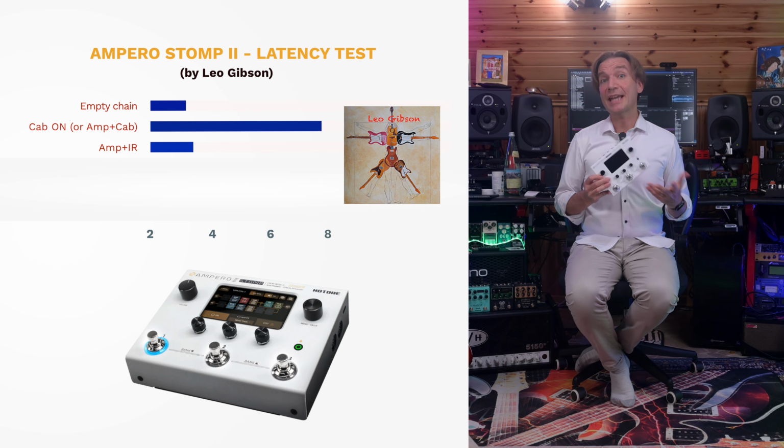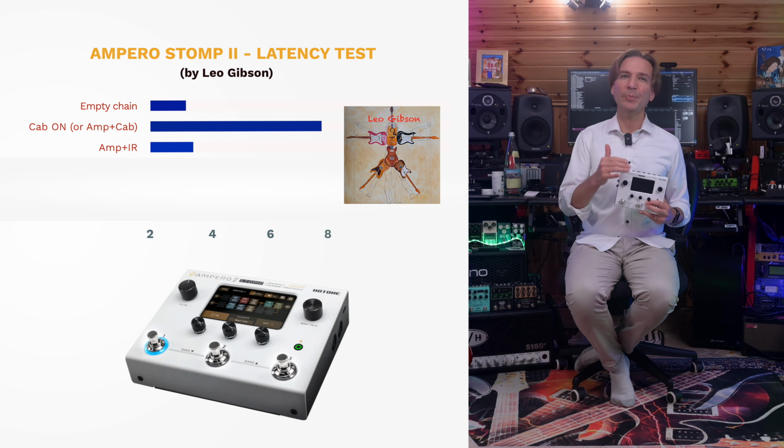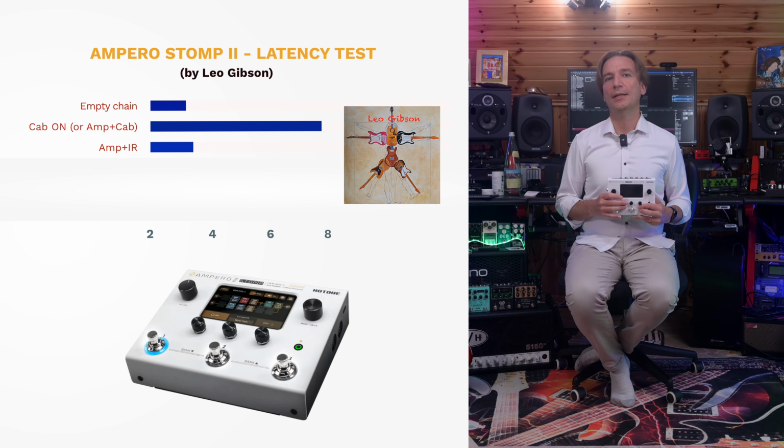So the IR is much more efficient. Furthermore, in my previous test, the amp plus IR took 5.6 milliseconds. Therefore, also here, Ampero has improved the latency. Very nice. Now we will continue our tests keeping the amp and the IR in the chain.